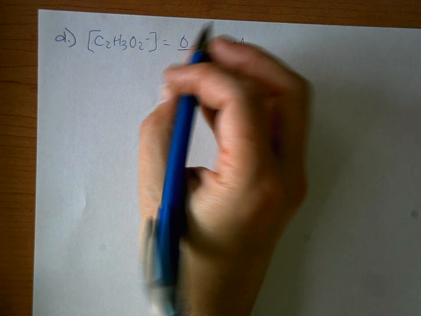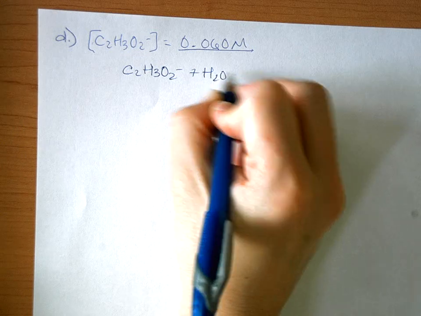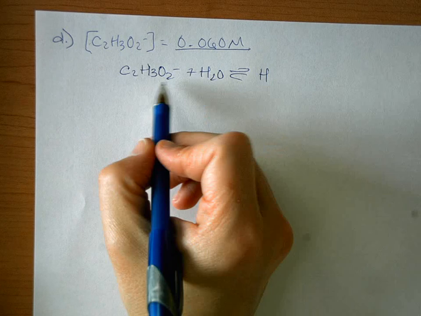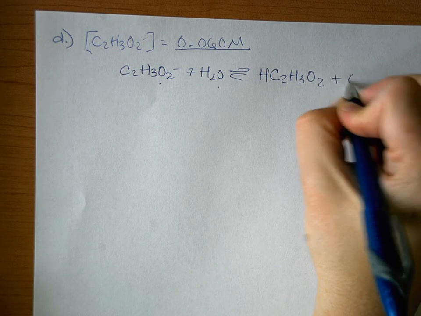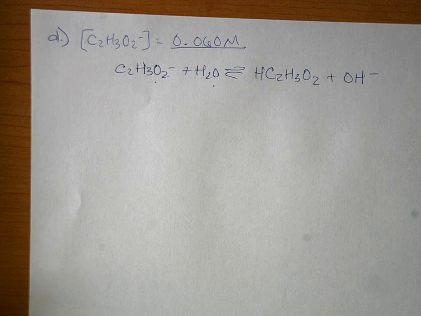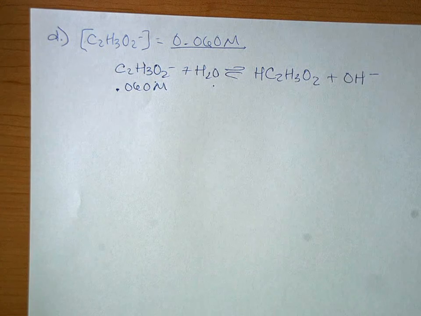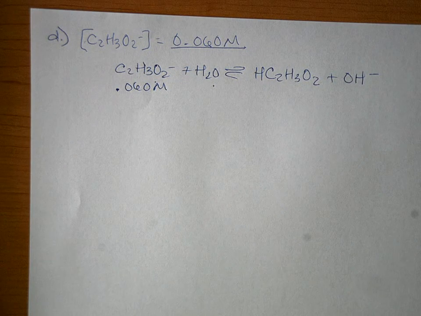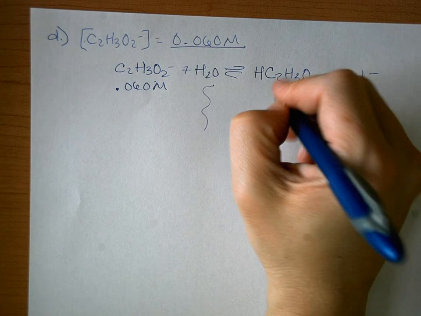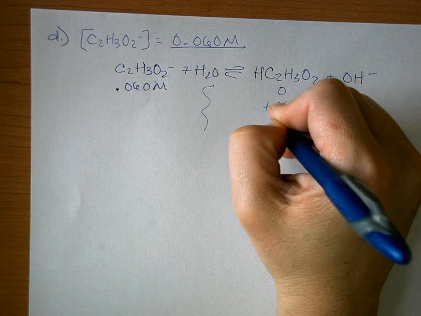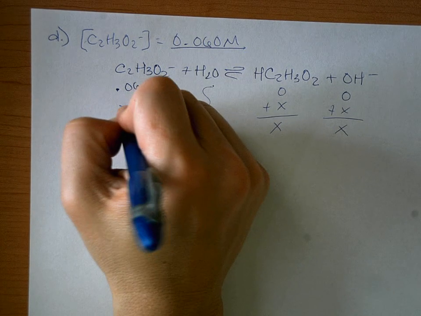So I need to rewrite my equation to be my acetate ions plus water, giving me acetic acid plus hydroxide ions. And my starting concentration is 0.06 molar. Water doesn't matter. I have 0 of this to begin with, plus x, minus x over here.